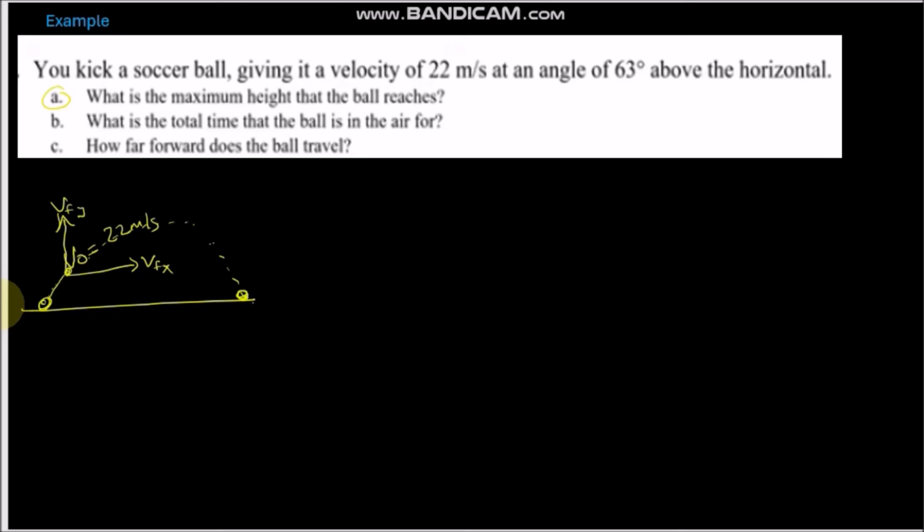At this point, let us say this is the maximum height.